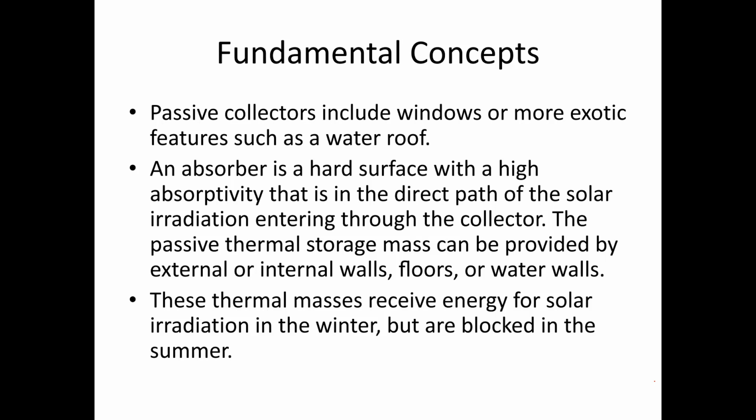An absorber is, for example, a hard surface with a high absorptivity that is in the direct path of the solar irradiation coming through the collector. And the passive thermal mass can be provided by external walls, floors, or water walls. These thermal masses usually receive the energy by solar radiation in the winter, but are blocked in the summer.